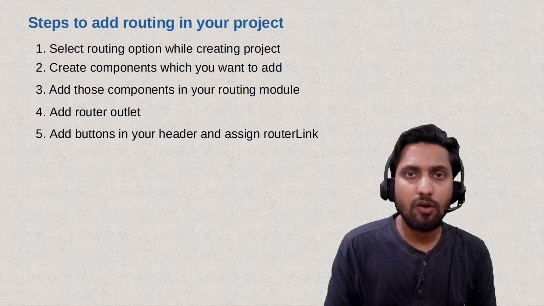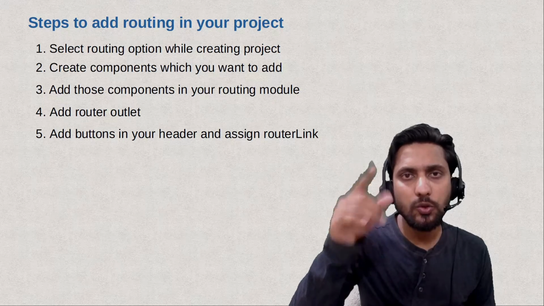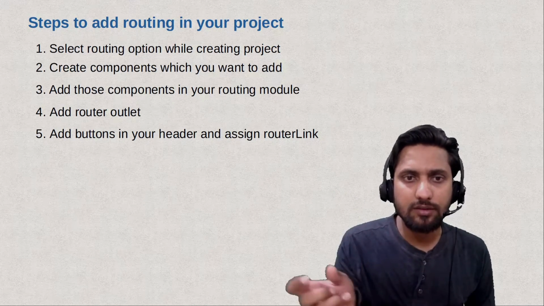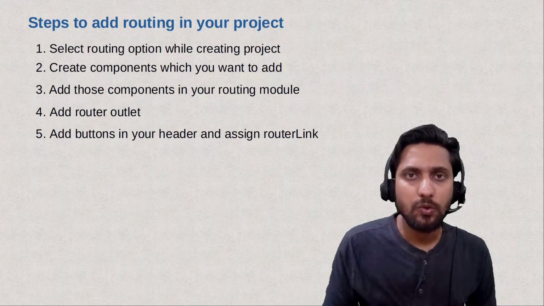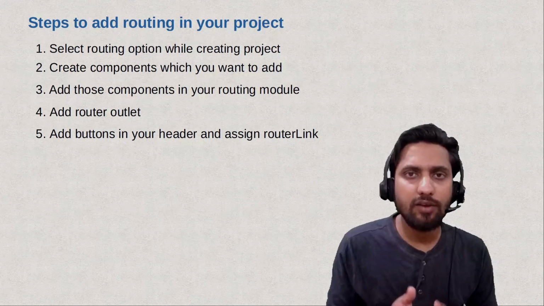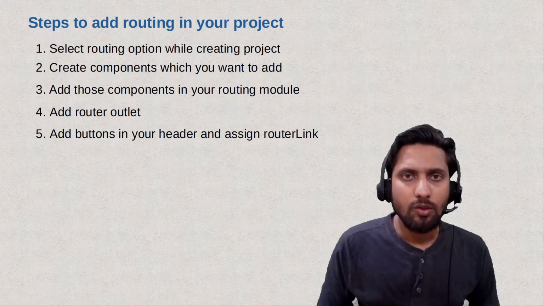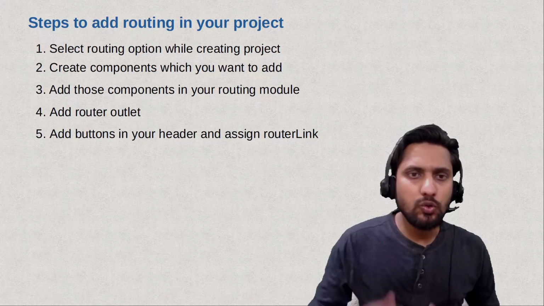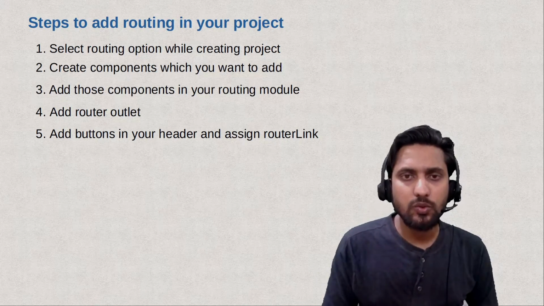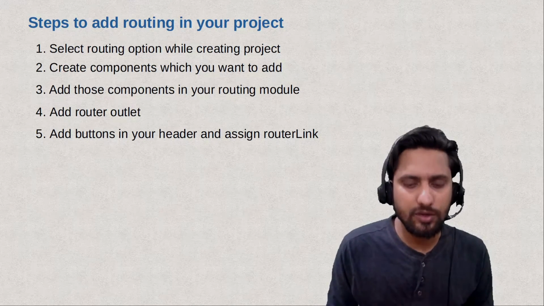But the user is not going to change the URL. So we need to add some buttons, like in our menu, so that after clicking on those buttons, the user can navigate between different components. So guys, those 5 are the steps which you need to know before working on Angular routing.